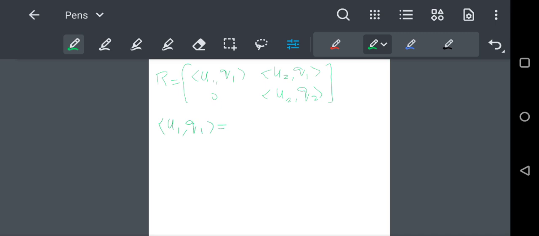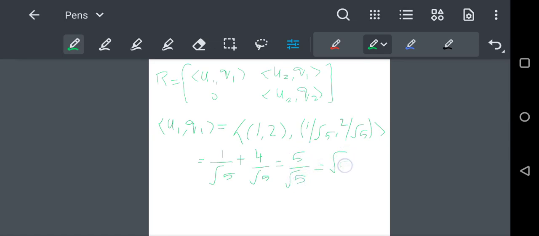Let me check it. The value for u1 is (1, 2). We need to take the inner product between (1, 2) and q1. The value for q1 is (1 divided by root 5, 2 divided by root 5). When you take the inner product between these two, you will be getting 1 divided by root 5 plus 2 twos are 4, 4 divided by root 5, which is 5 divided by root 5, and 5 divided by root 5 is nothing but root 5.